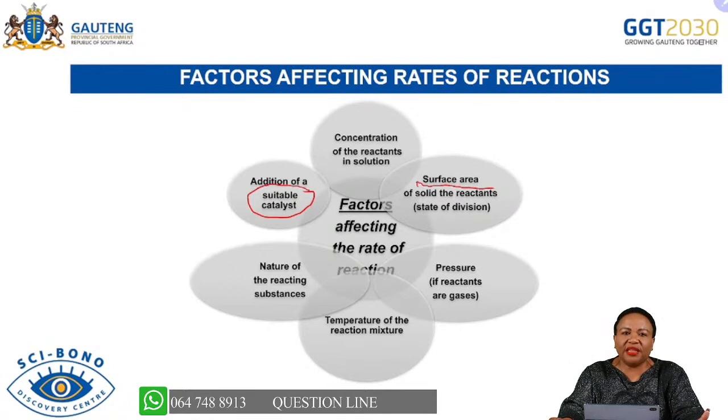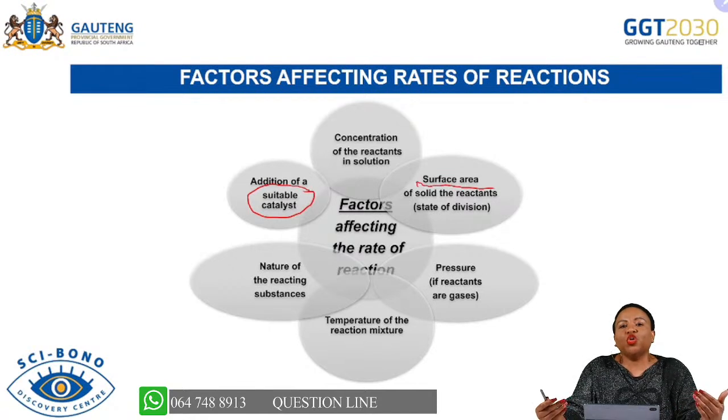So if you are asked how you can change or increase the rate of the reaction, and you are given the surface area of a solid, you know that you are going to increase the surface area of that solid. And we are going to discuss how we increase the surface area of a solid.